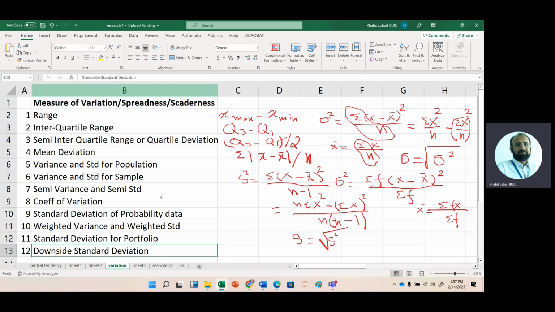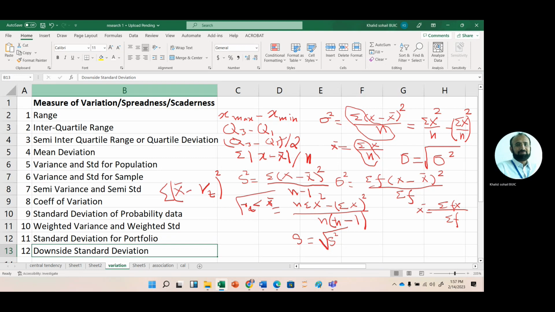Now, semi-variance or semi-standard deviation uses almost the same formula, but the only difference is that we first take the average, and then we take the squared deviation of each RT, where this RT is less than the average value.